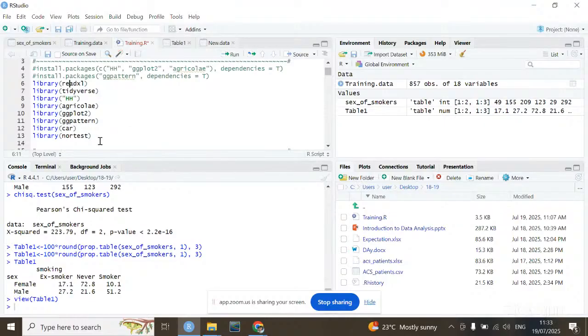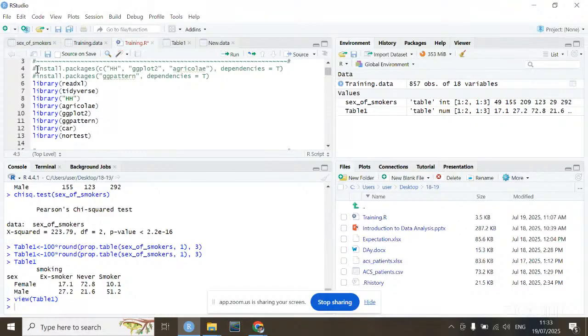But if you close R, then you will need to reload the packages afresh. When loading, you use the library command, because you have already installed them.